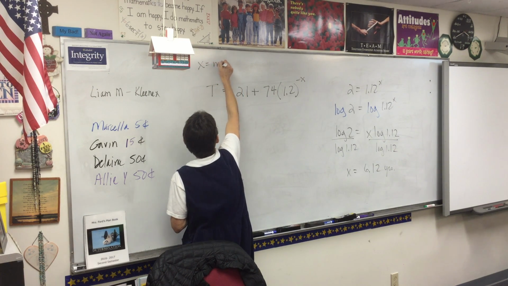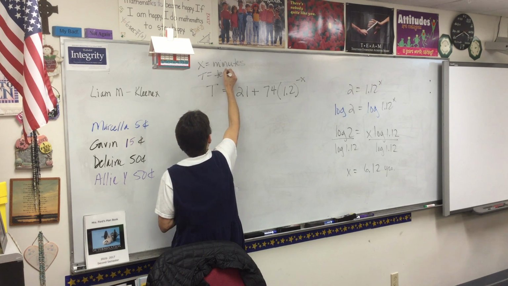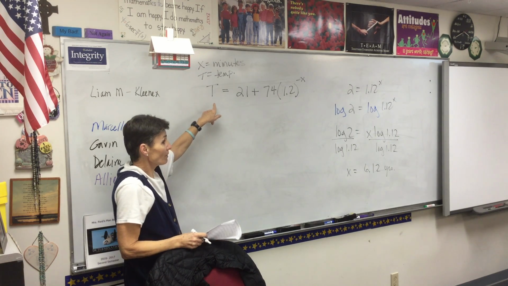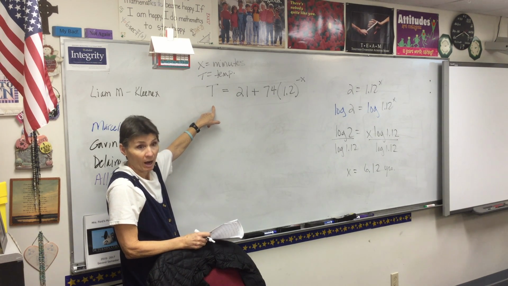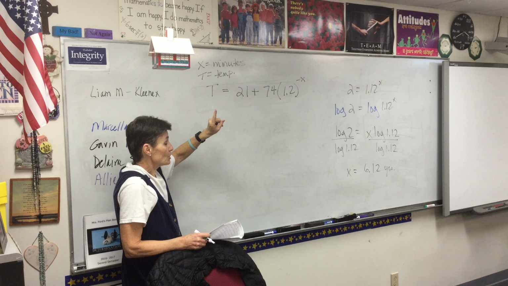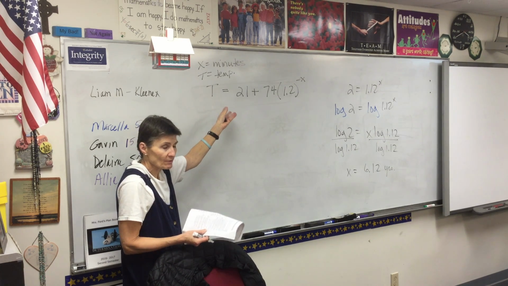X is minutes and T is temperature. So if the T bothers you, you can make that y. y will be the temperature. You don't need to be confused by that equation. They gave it to you.